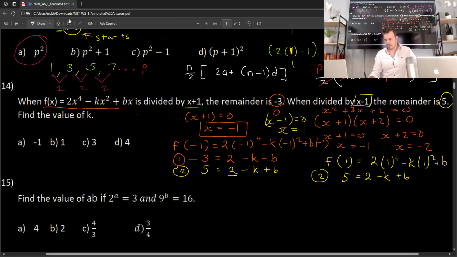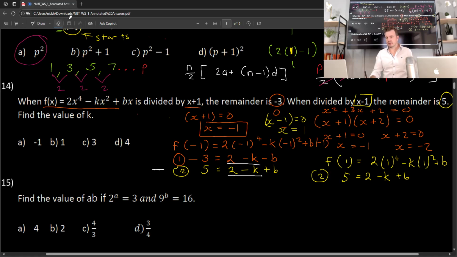Well, minus 2b, because those are exactly the same. So I'm going to subtract 2 from 1. So minus 3 minus 5 is minus 8. Oh, but they want the value of k. So okay, rather let me do this.